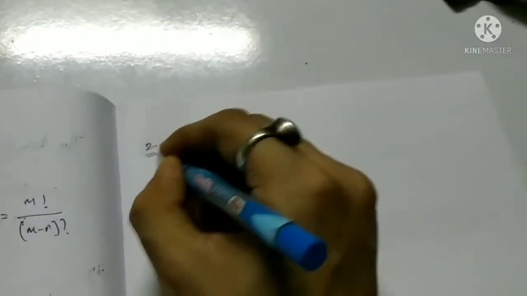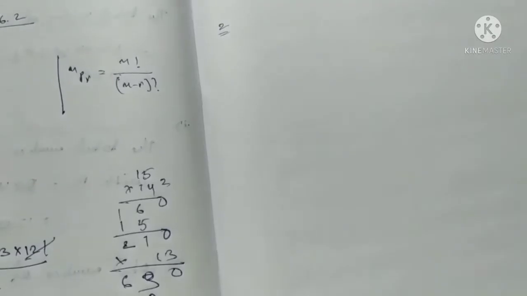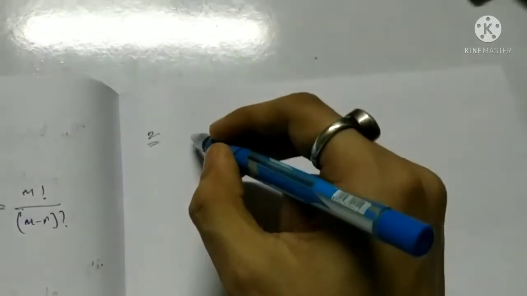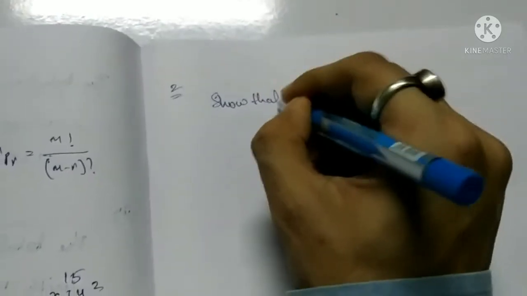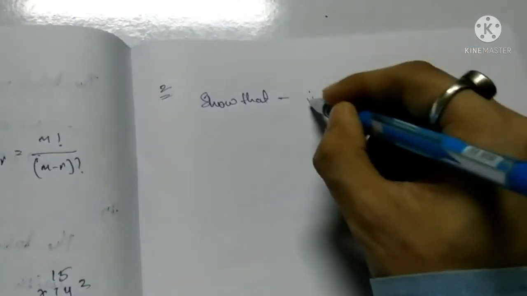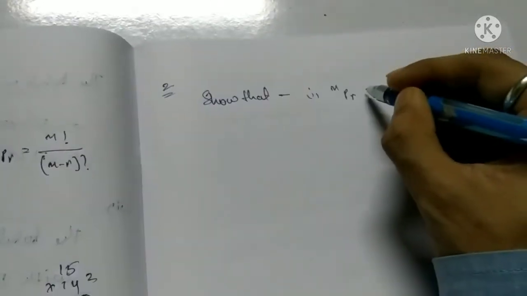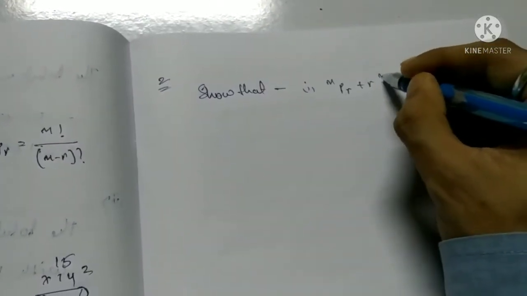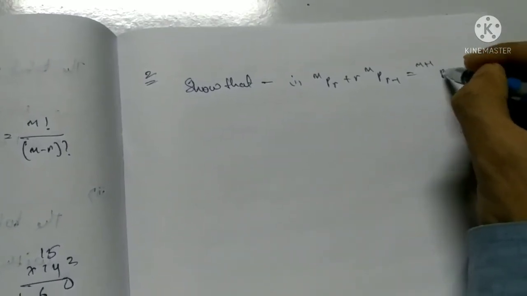Next you see type 2. Type 2 says, so that, number 1: nPr plus r nPr minus 1 is equal to n plus 1 Pr.